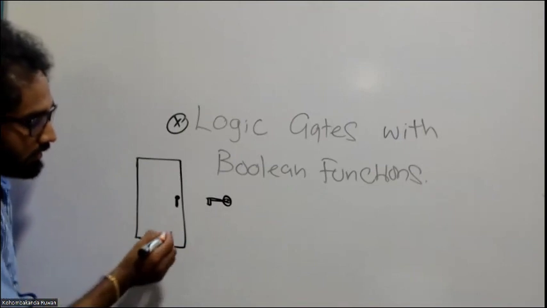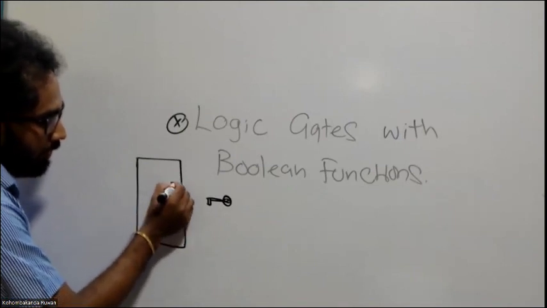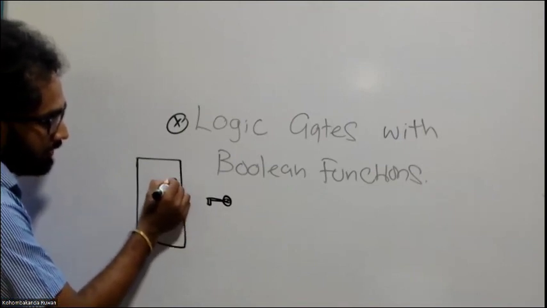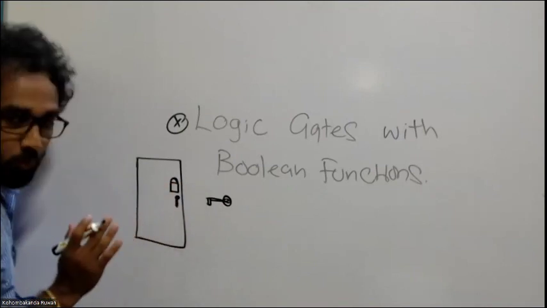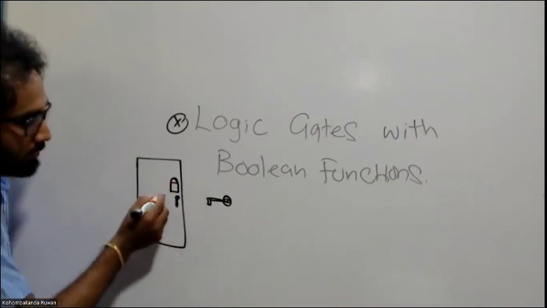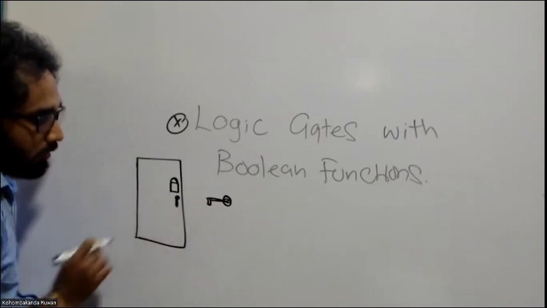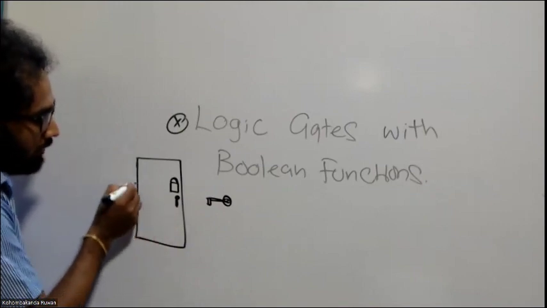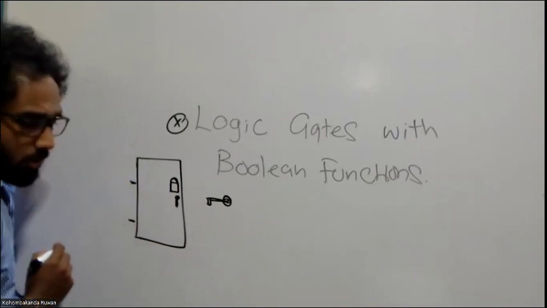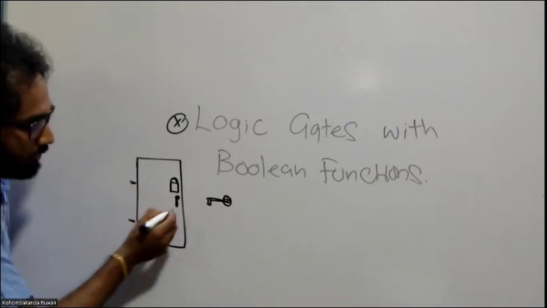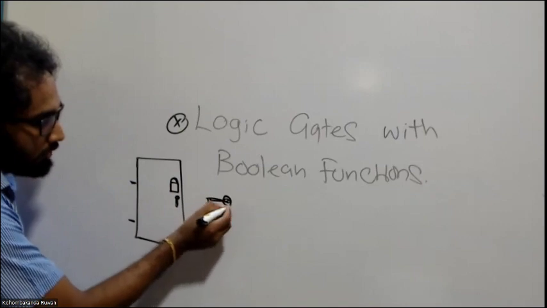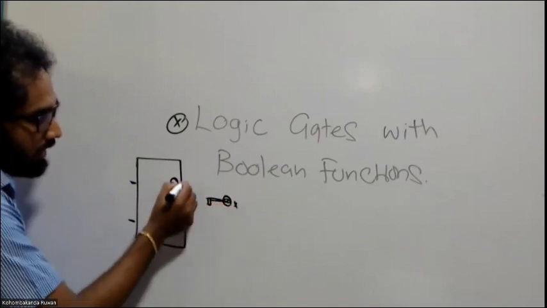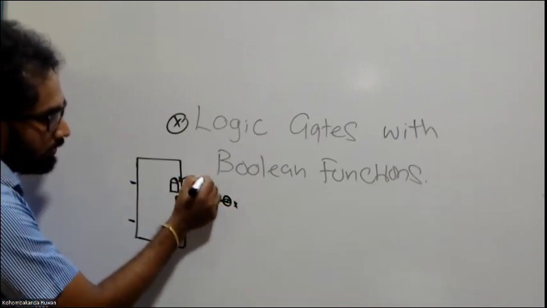Assume that there's another lock, a padlock. So there are two options here. One is a key, the other one is a padlock. Now, if you want to open this door, you have to use this key as well as the key of this padlock.